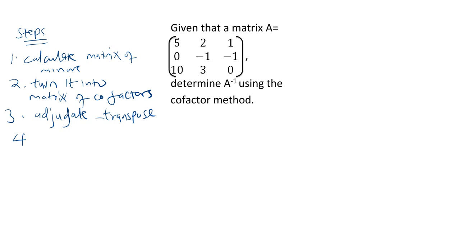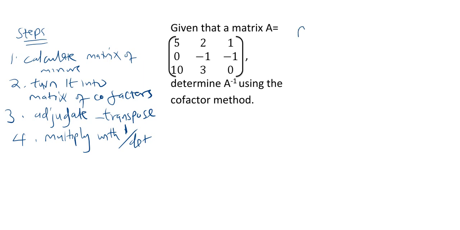Then the last step, you multiply the result in step 3 with 1 over the determinant. So we are going to use these 4 steps to calculate our inverse. So let us start.